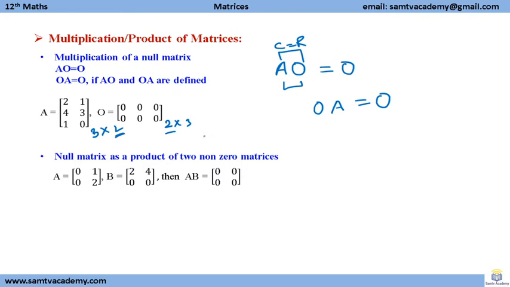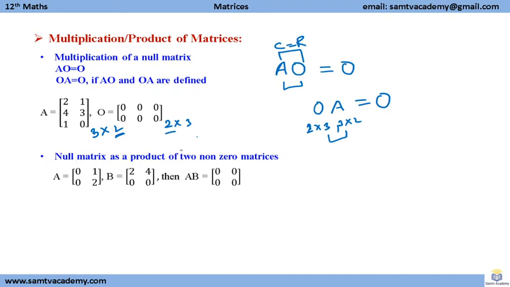What will OA be? This is a 2 by 3 matrix, and this is a 3 by 2 matrix. Here also column is equal to row, so this is defined in this example. So OA or AO both are defined, so they are null matrices.